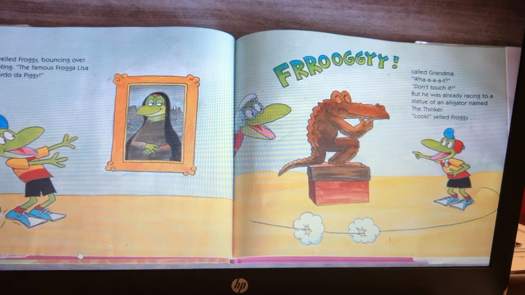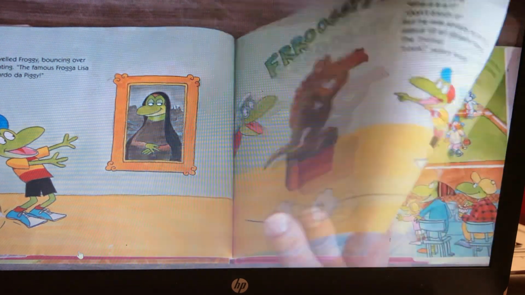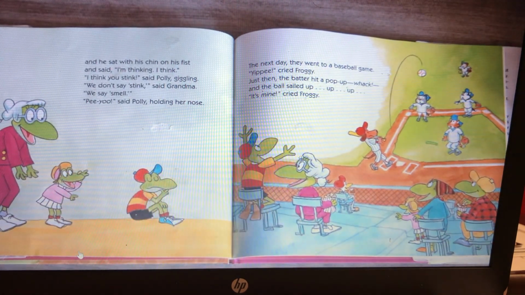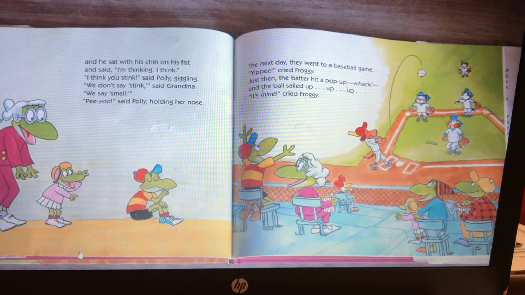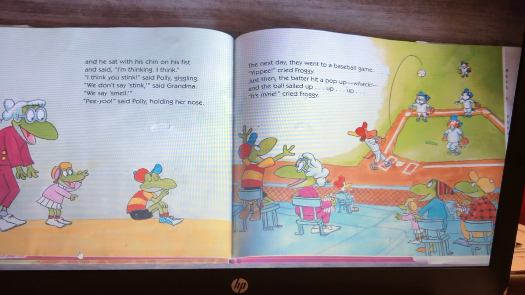But he was already racing to a statue of an alligator named the Thinker. Look, yelled Froggy. And he sat with his chin on his fist and said, I'm thinking. I think you stink, said Polly, giggling. We don't say stink, said Grandma. We say smell. P.U., said Polly, holding her nose.